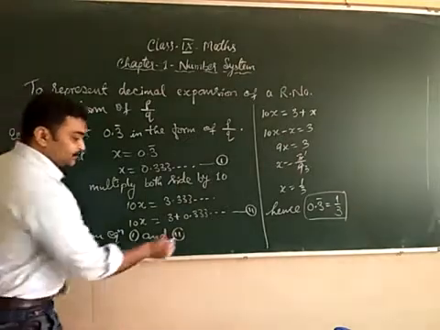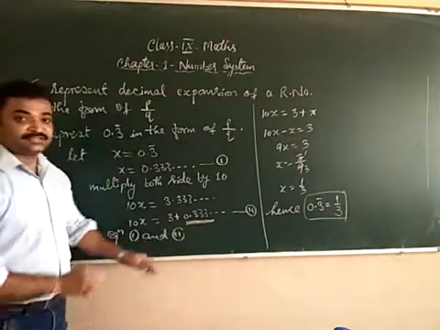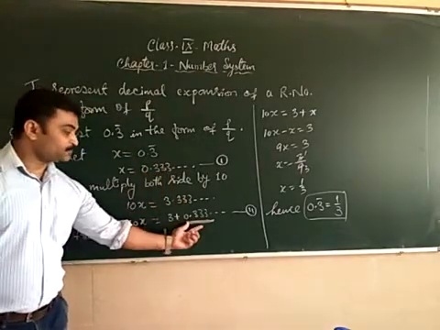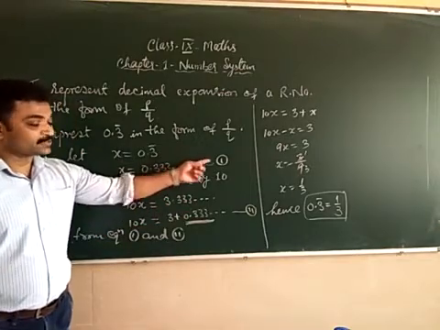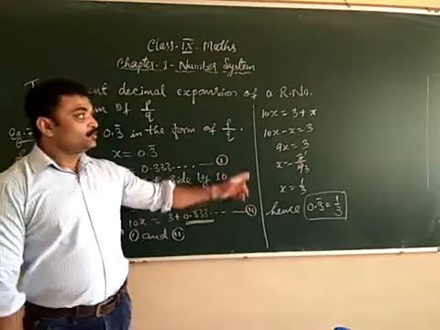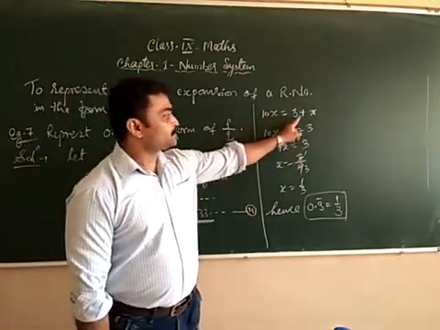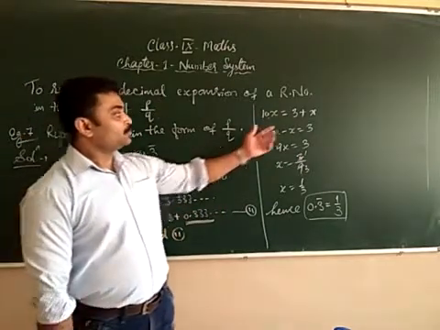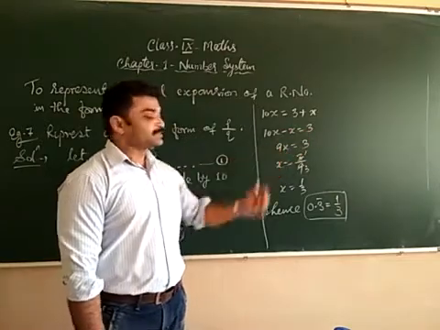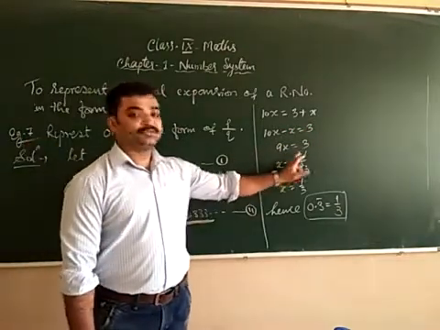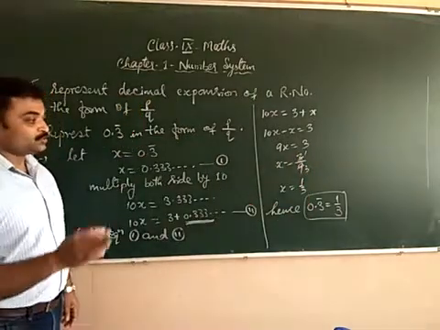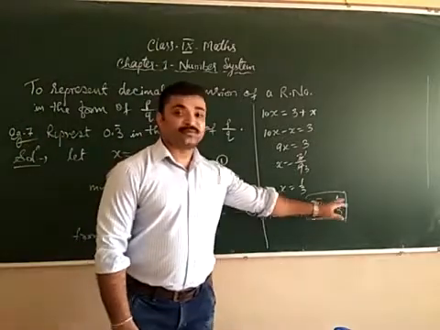And this 0.333 is our x. In place of this, we can write x. It was our equation number 1. This is our equation number 2. So from equation number 1 and 2, we can write 10x is equal to 3 plus x. Now by transposing, 10x minus x is equal to 3. Here 9x is equal to 3. Now x is equal to 3 upon 9. So 1 upon 3.